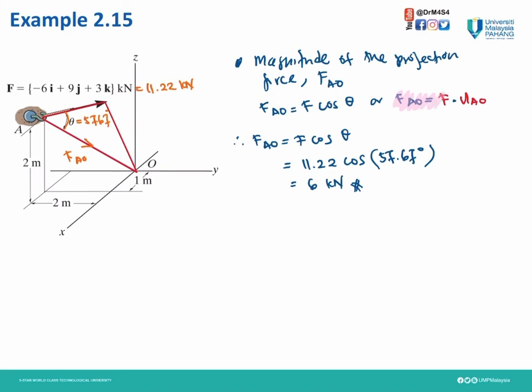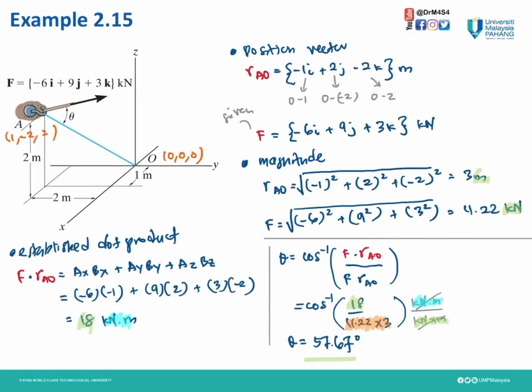Or we can find the magnitude of our projection force by using this formula: FAO equal to the dot product F dot UAO. So we find UAO, which is RAO divided by its magnitude. RAO on I is 1, and its magnitude is 3.